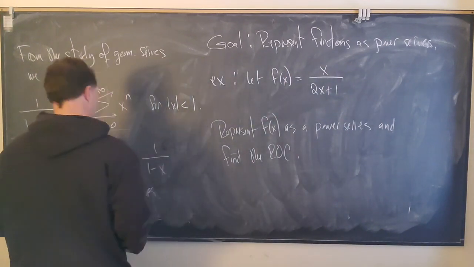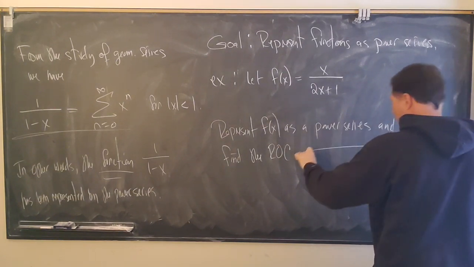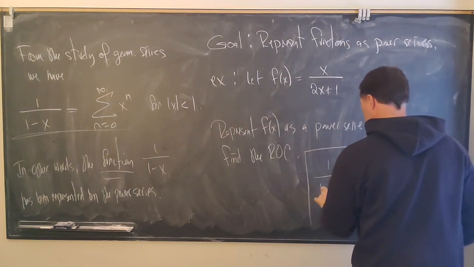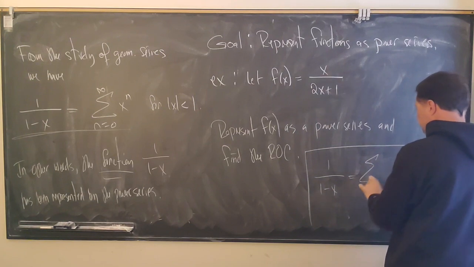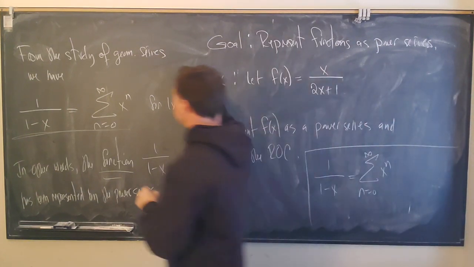Let me put this over here in a little box: 1 over 1 minus x equals the sum n equals 0 to infinity of x to the n. I'm going to use that fact.